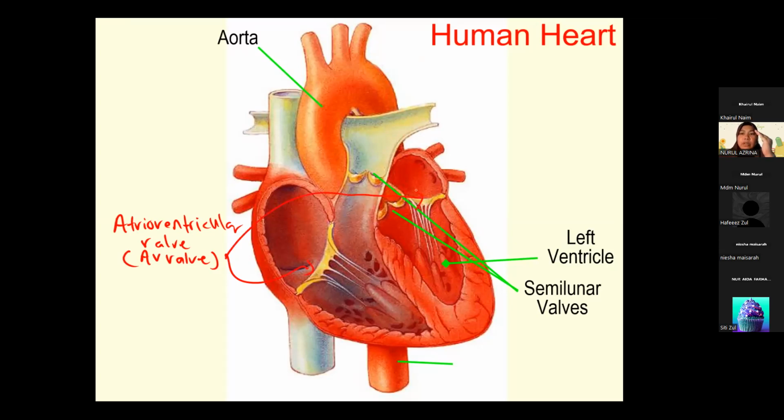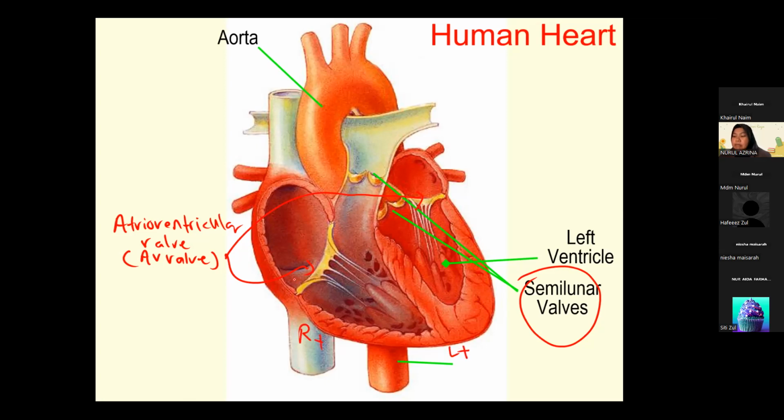Then the valve found at the exit of the ventricle into the large arteries is known as the semilunar valve. We also looked at the specific name of the atrioventricular valve for the right side and for the left side of the heart.